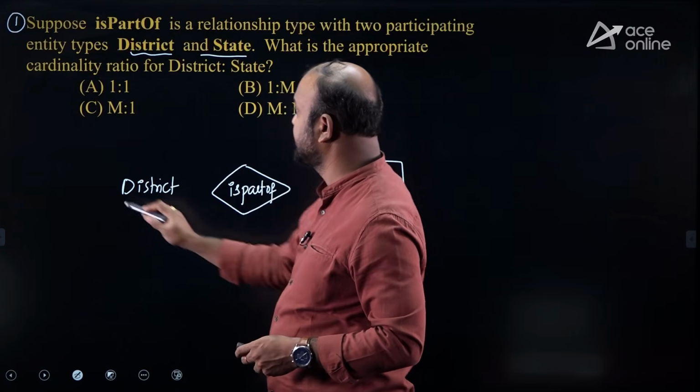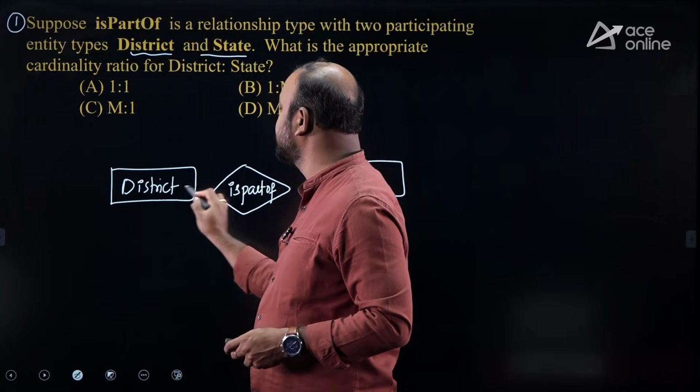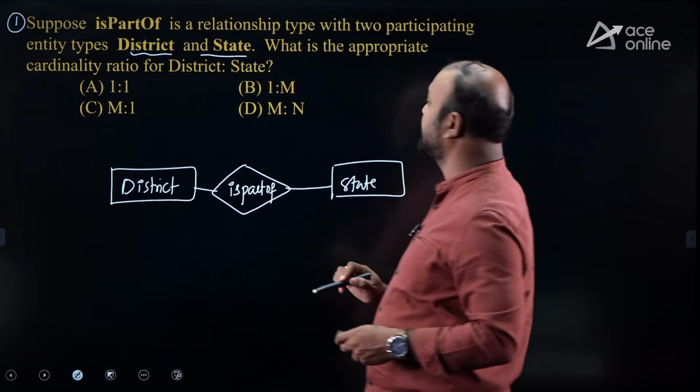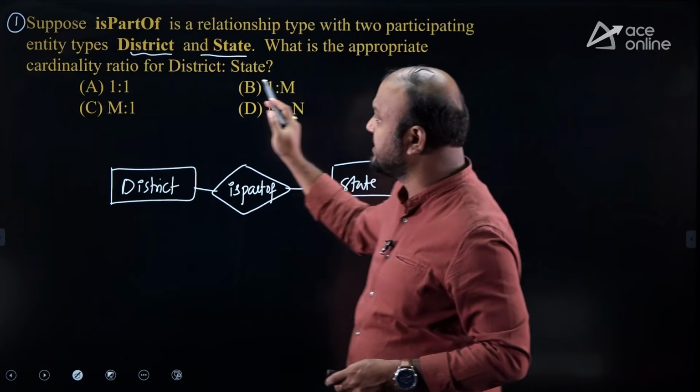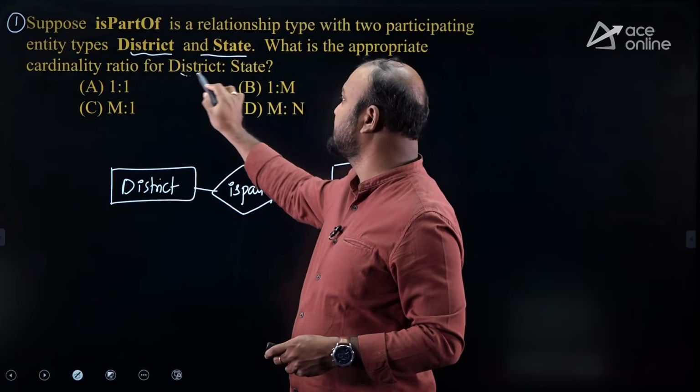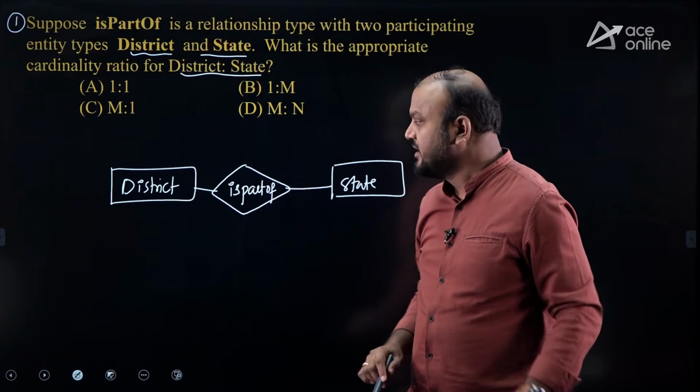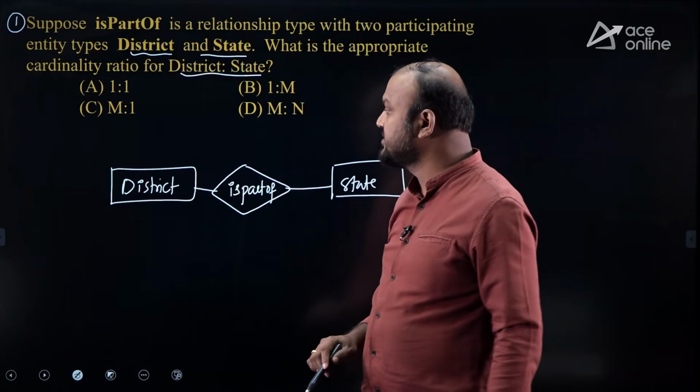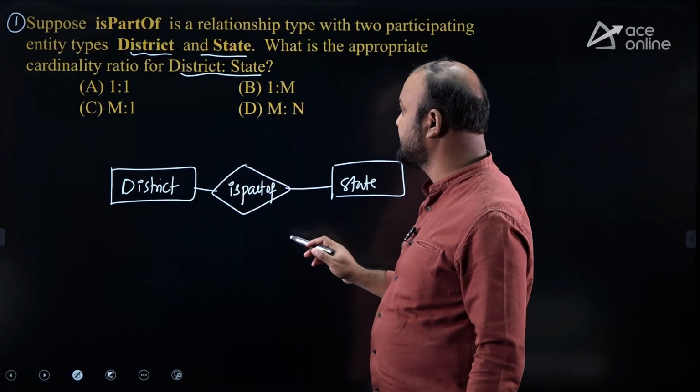Now, the question is, what is the appropriate cardinality ratio between the district and state?